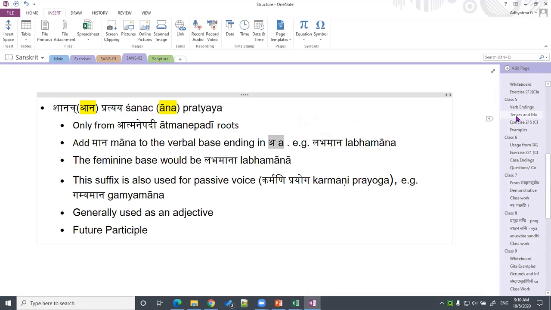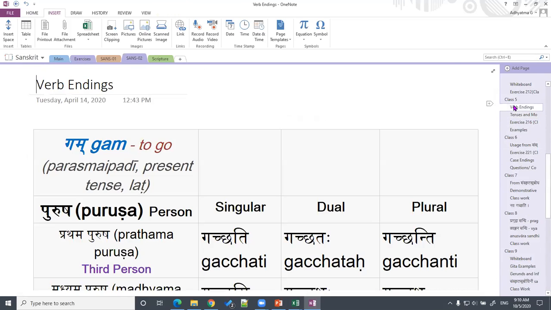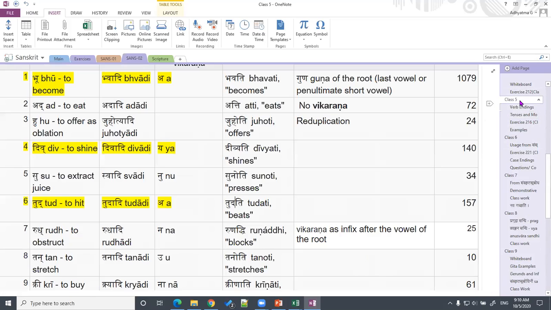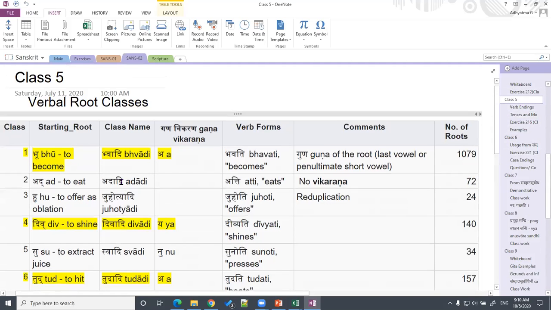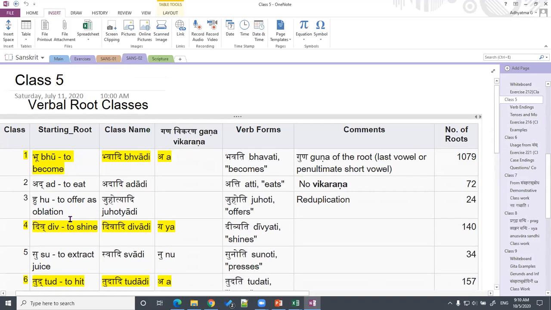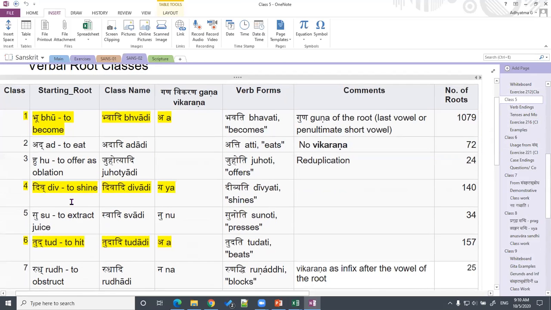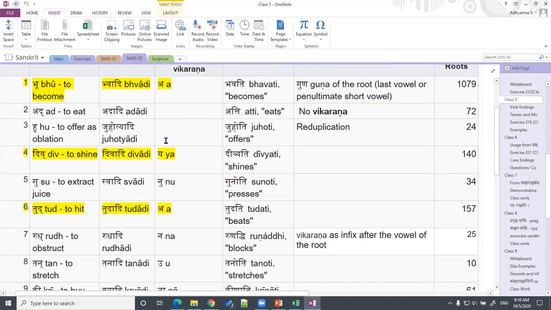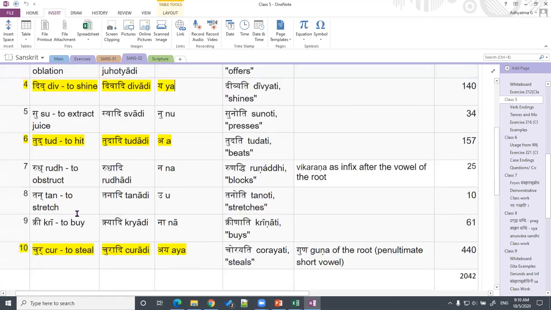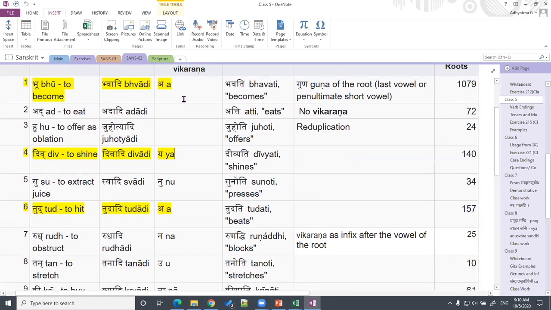If you look here, we had this class where we said these are the various classes of the roots. In class number 5, we studied this. In the four classes, 1st, 4th, 6th, and 10th, the verbal base ends in akara.